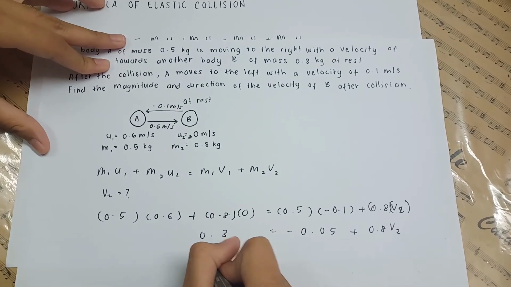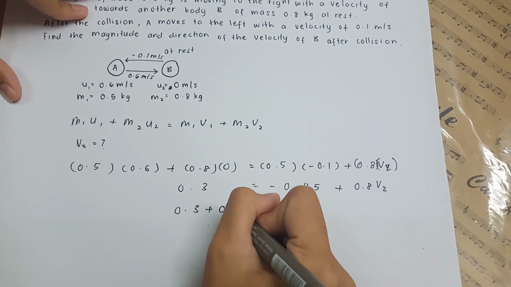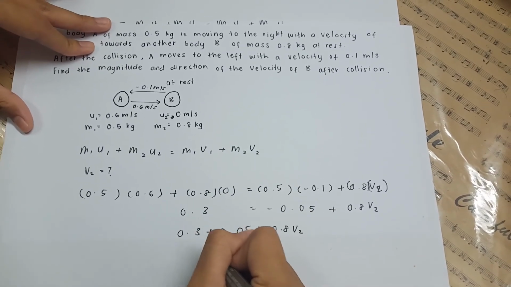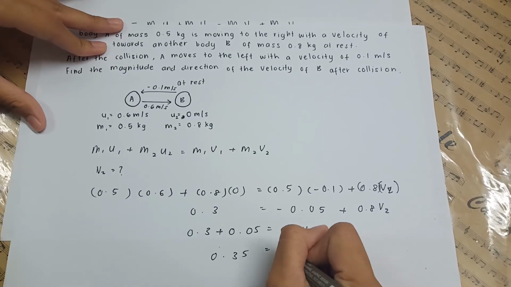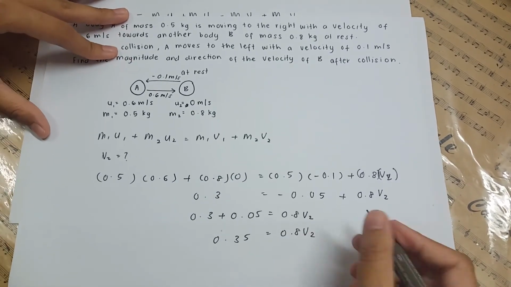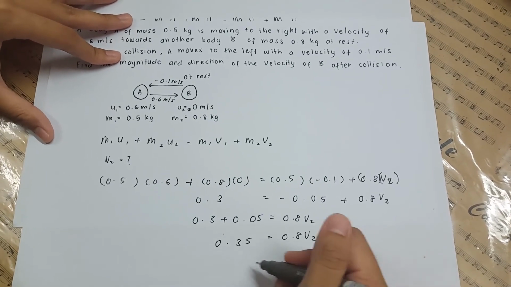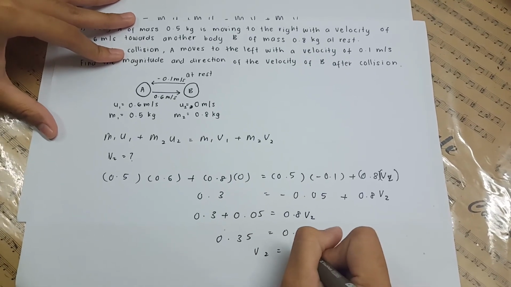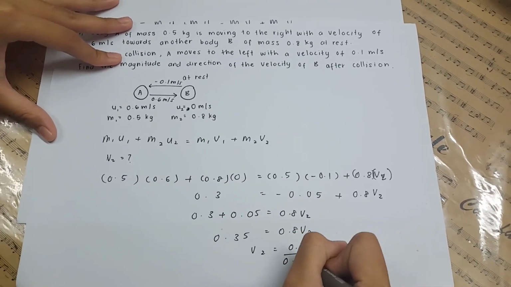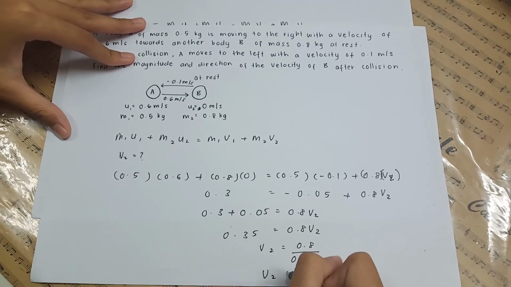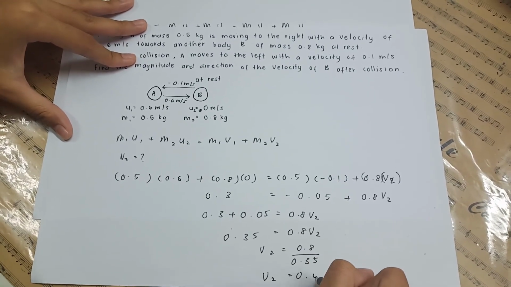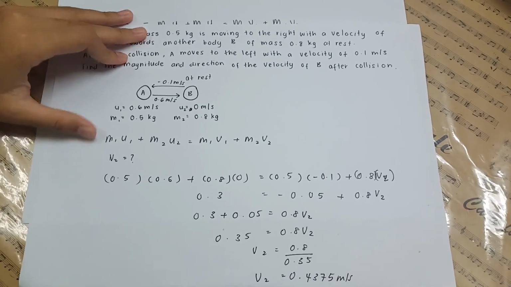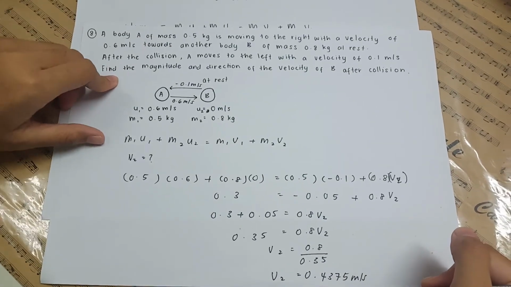Then 0.3 plus 0.05 equals 0.8 v2. 0.35 equals 0.8 v2. Then v2 equals 0.35 over 0.8. Then v2 we will get 0.4375 meter per second. The answer, we get the magnitude.